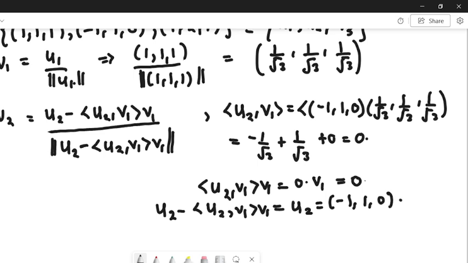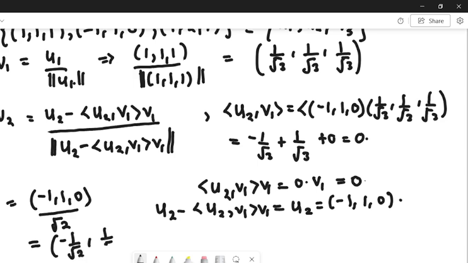So to find V2, we're going to get (negative 1, 1, 0) over the norm, which is root 2. So our V2 is (negative 1 over root 2, 1 over root 2, 0). So we have found the first 2 vectors.